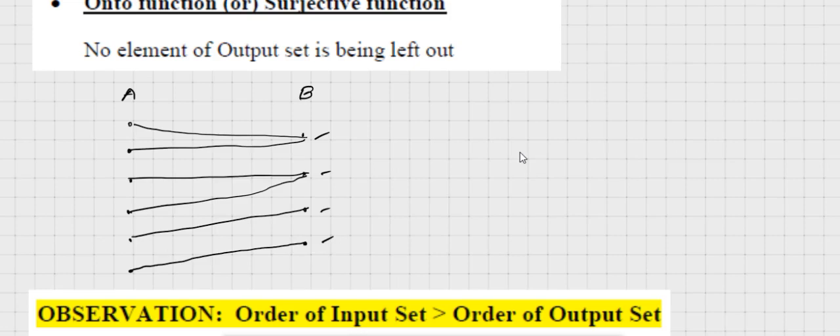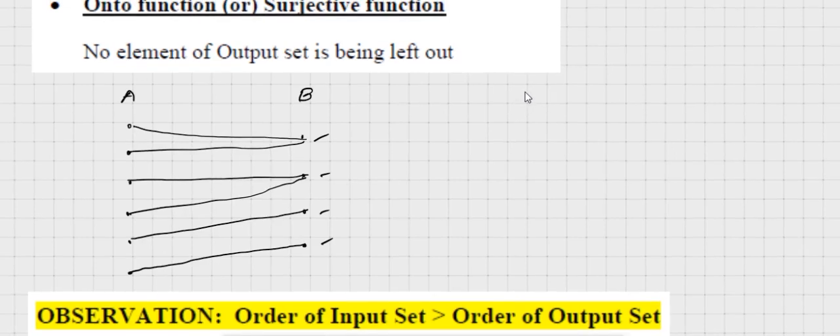See, on the contrary, if I am taking order of input set less than order of output set, see what happens. I am just taking 3 elements in the input set. I am taking 4 elements in the output set.